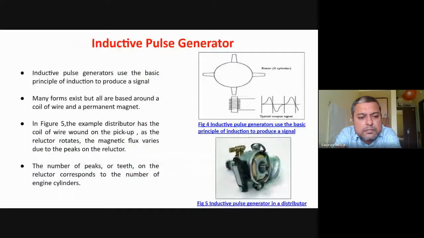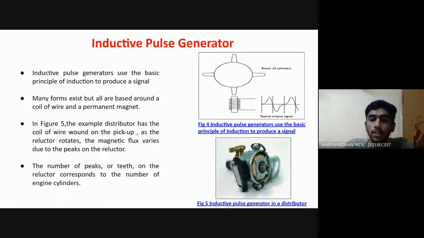Now moving to the inductive pulse generator, which works on the principle of induction. Here we can see the rotor with its teeth. As it comes in front of the induction coil, the output will be high, and as it moves away, the output will be low.